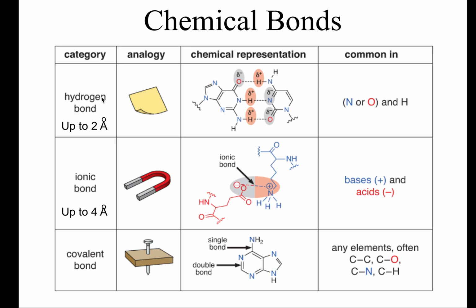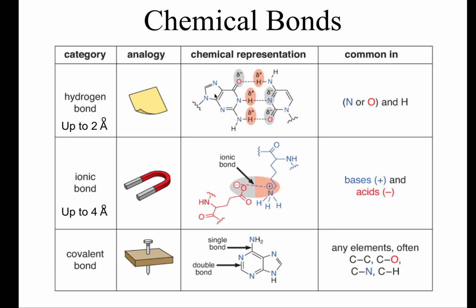This hydrogen bond is a bond where there's a partial charge on an atom. So this is an oxygen. That little squiggly symbol there is a Greek lowercase delta, and it means partial. So oxygen is a big atom.